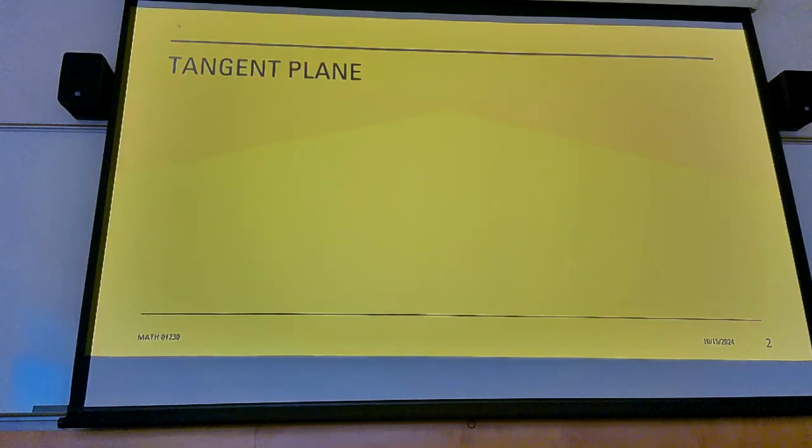So we had the idea of a tangent line when we were dealing with curves. Right, and that's what dy dx represented, right? It was the slope of that line. Well, we also have now the idea of a tangent plane for a surface.